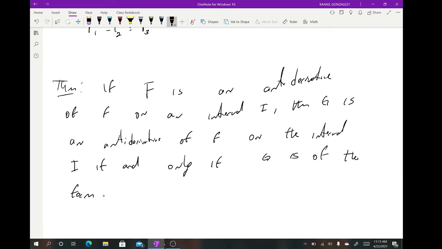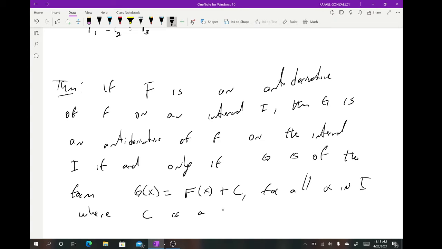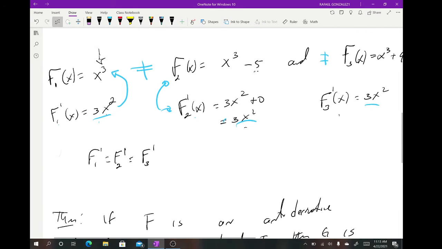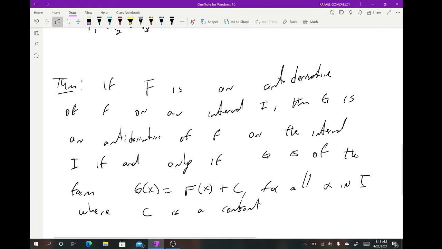G is of the form G of x is equal to capital F of x plus C for all x's in the interval I, and C is a constant. So notice that if we go back to this example that I just did, this is true.